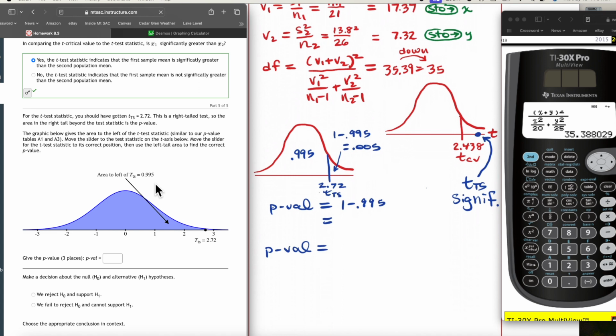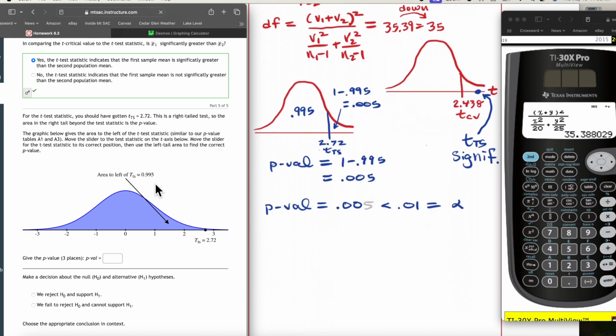Okay, and so anyway, the p-value 1 minus 0.995 gives 0.005. Okay, and so our p-value 0.00, obscuring the 5 so that we only look at 2 digits. 0.00 is less than 0.01, which is our alpha.